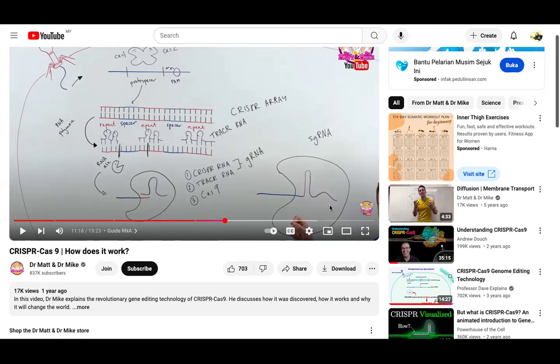We need to design the single guide RNA sequence so that it matches the bacteria or the virus that we wish to detect. And once we have designed this, we combine it with the Cas enzyme.